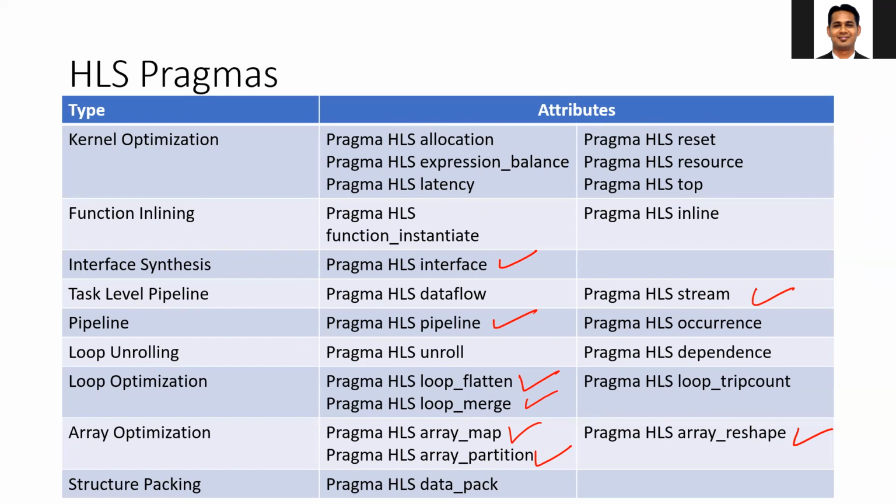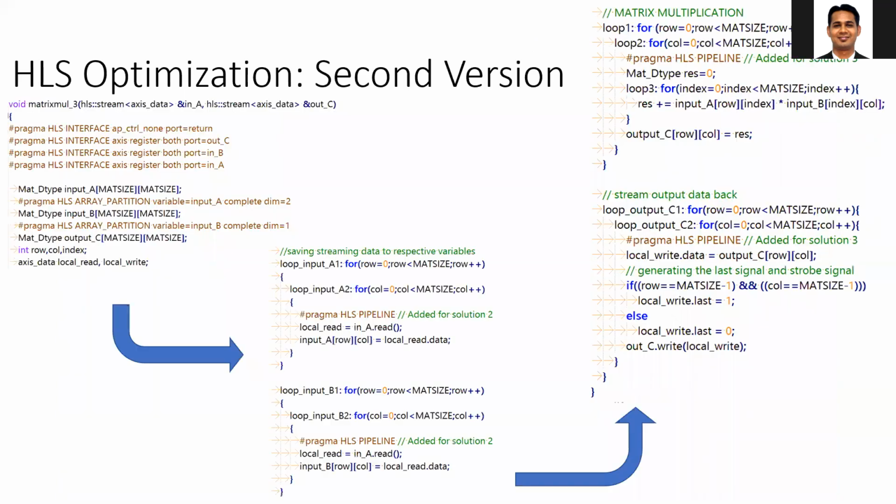Now coming back to our code, you can see that we have moved the pipelining to the second loop. Now we need to make sure that we have all the row elements of A and the column elements of B available. To do that, we are doing the array partitioning.